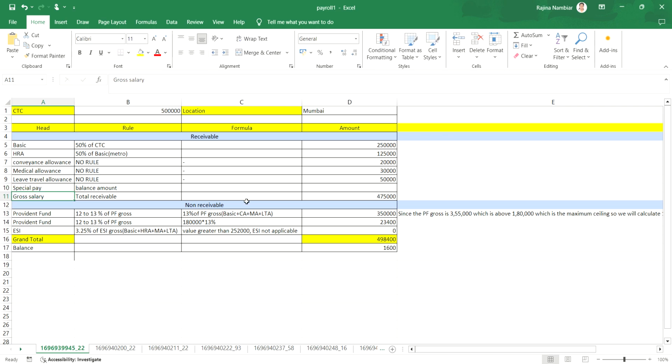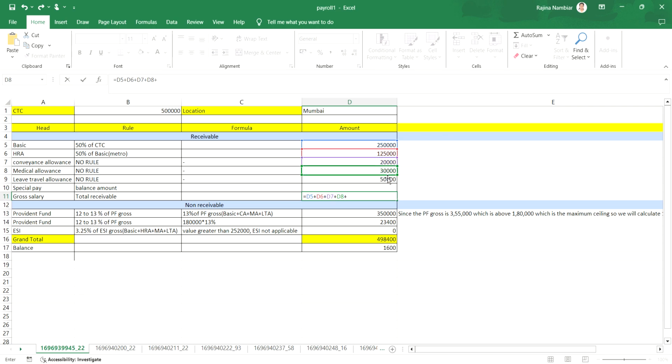Now you calculate the gross pay. So gross pay will be equal to the sum of this salary plus this plus this plus this plus this plus this.